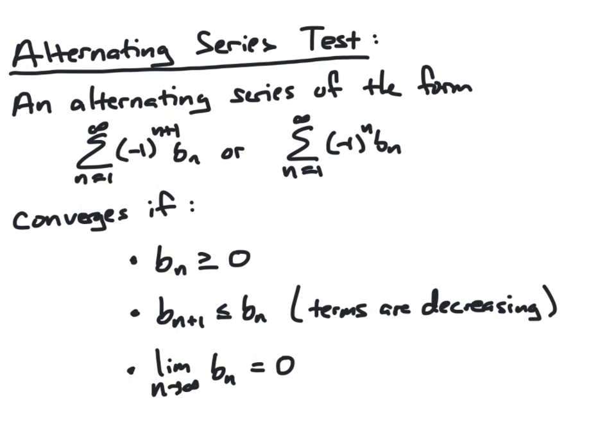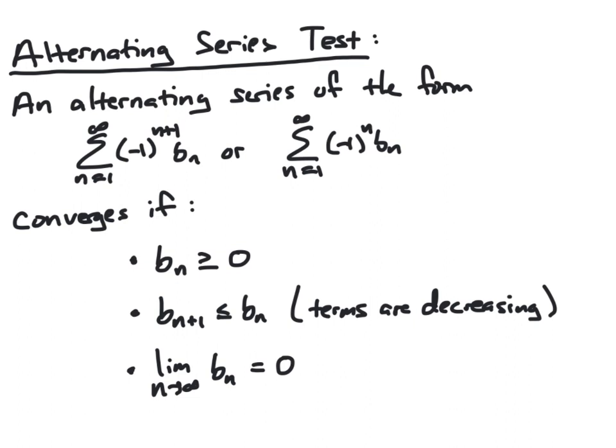We need b sub n plus 1 to be less than or equal to b sub n, which is another way of saying that the terms must be decreasing, so that each term is smaller than the previous term. And we also need the limit of the positive terms to go to 0. And so we need an alternating sum of positive numbers which decrease and have a limit equaling 0.